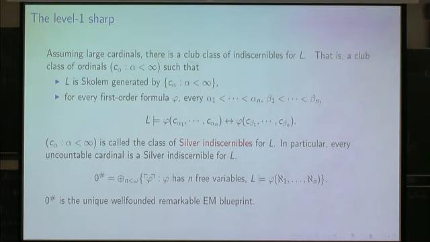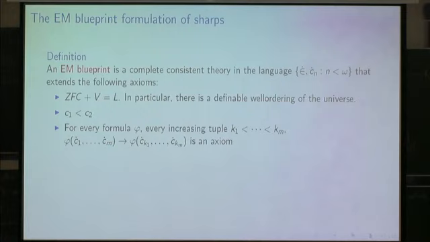So we would like to get a formulation of zero sharp in terms of well-founded remarkable EM blueprints. So zero sharp is the unique well-founded remarkable EM blueprint. An EM blueprint is just a review; I think many of you are familiar with it.